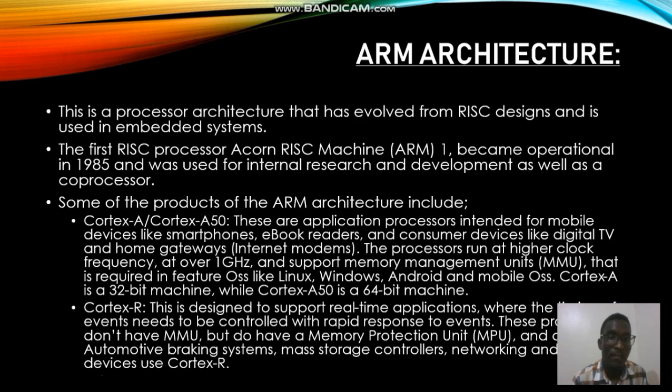The ARM architecture became operational in 1985 and was used for internal research and development and as coprocessors. Now these processors are used in ebook readers, consumer devices, home gateways, also modems, together with memory protection units and memory management units.